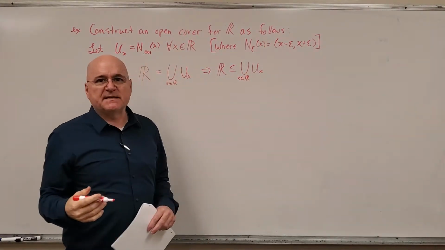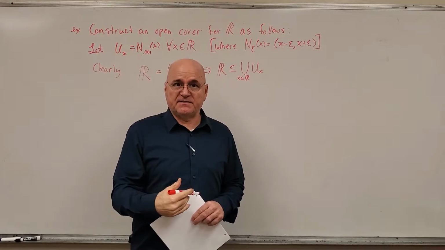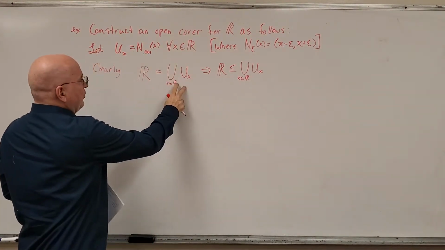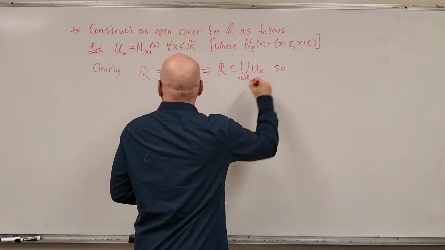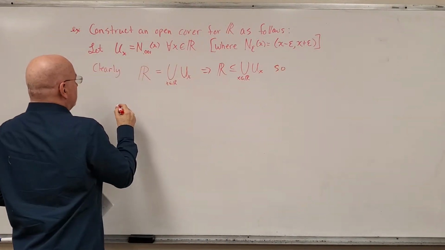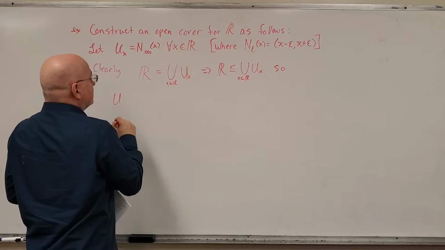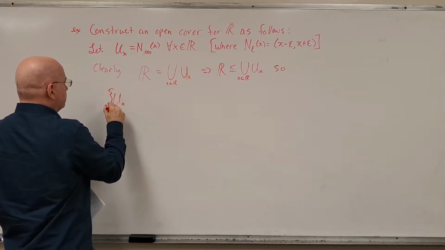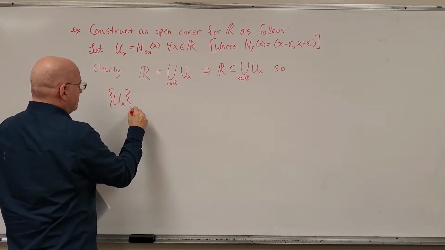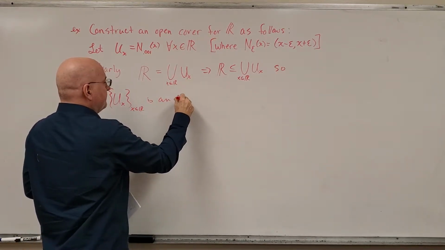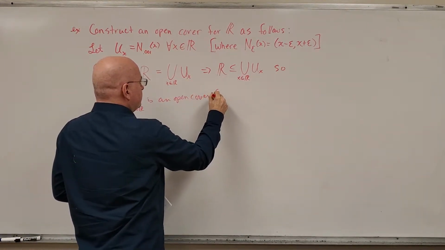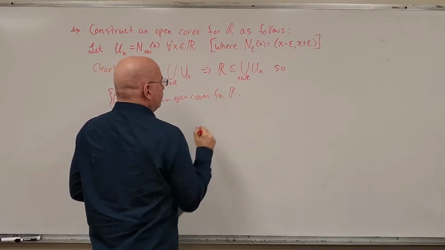Right? Every set is a subset of itself. So if these two are equal, then R is a subset. So the collection of sets is an open cover for R.